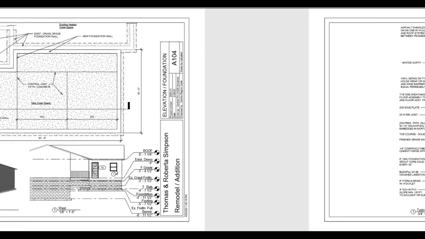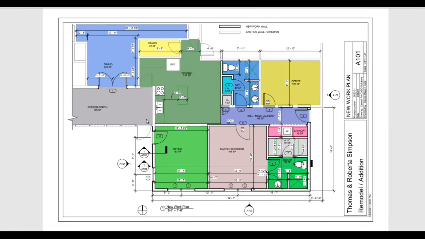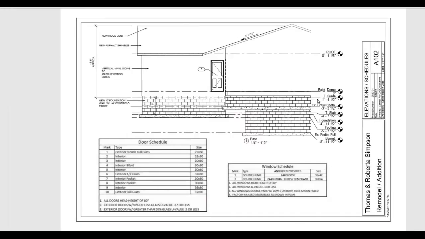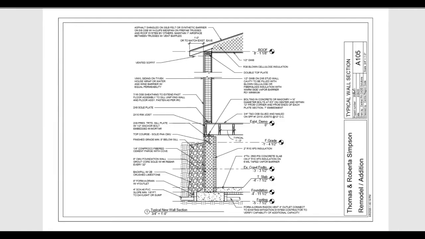The other one, and we'll just look at the symbol real quickly, A105, my typical wall section. I'll go to sheet A105, and I can see my typical wall section. It's only cutting through part of the wall and part of the floor, part of the roof assembly. The first thing that allows me to do is use a larger scale.